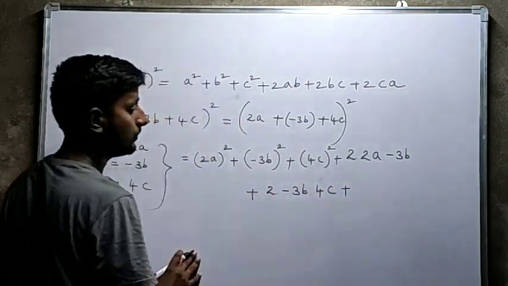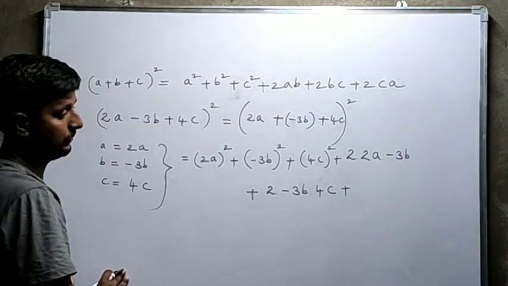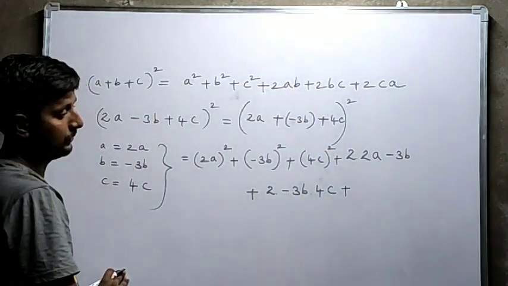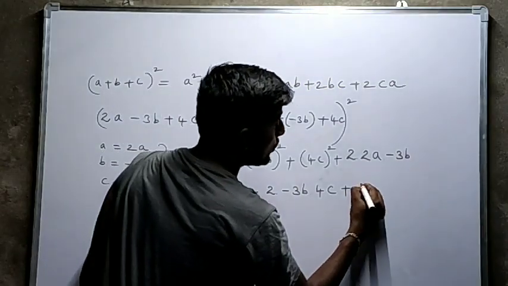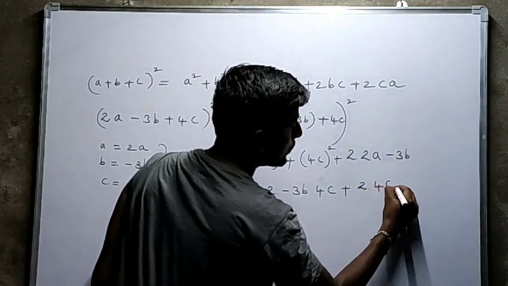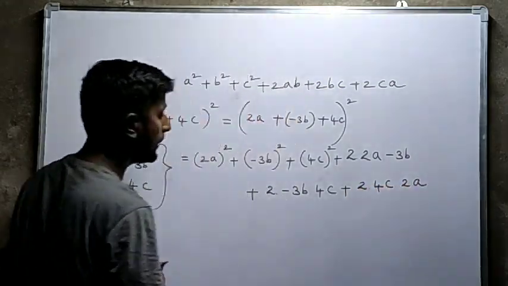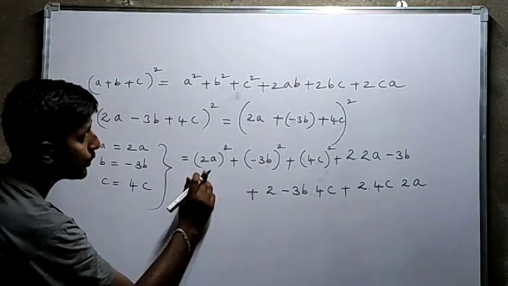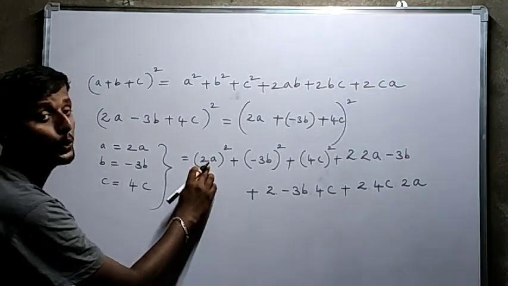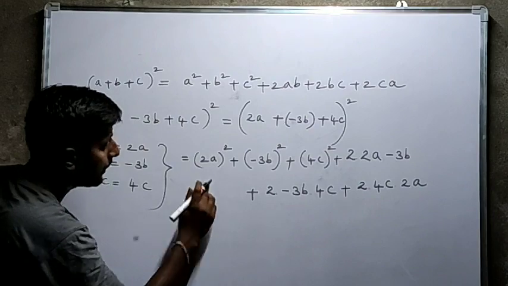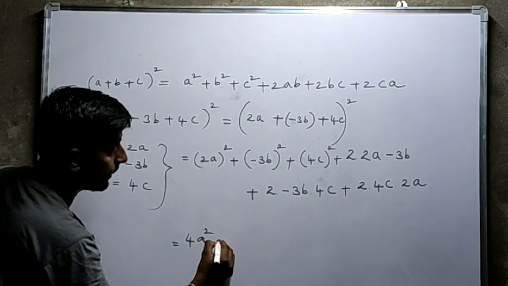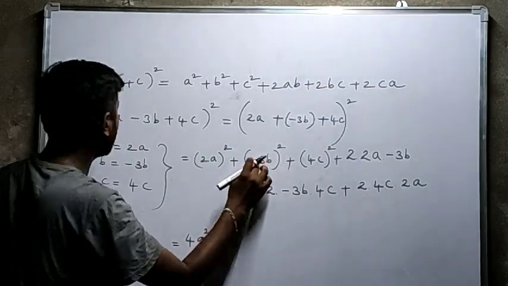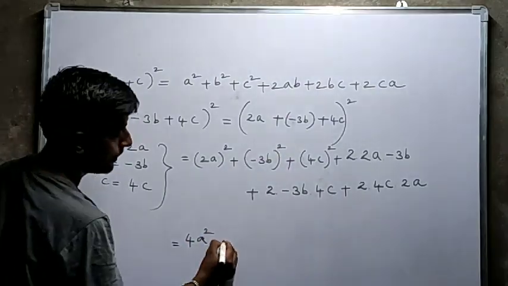Next 2 into 4c into 2a, correct? Then 2a whole square in the sense 2 into 2, 4, and a into a, a square. Look at negative with a square, so it will become positive.